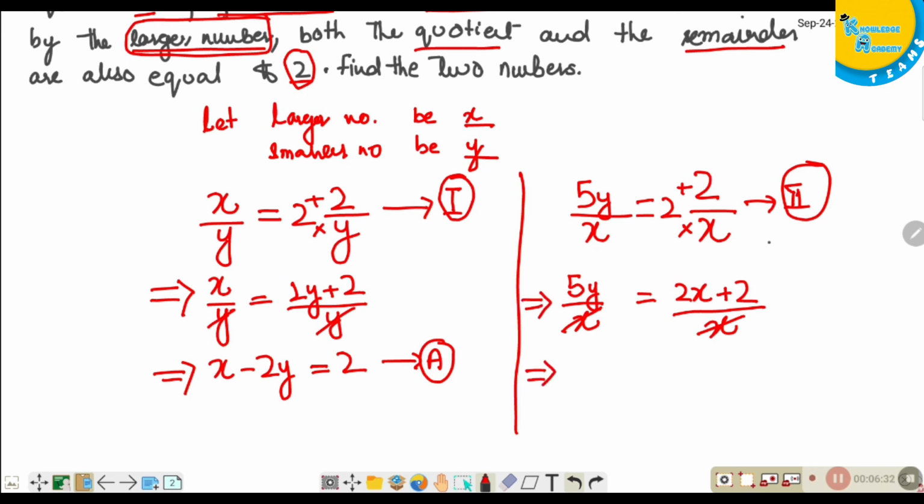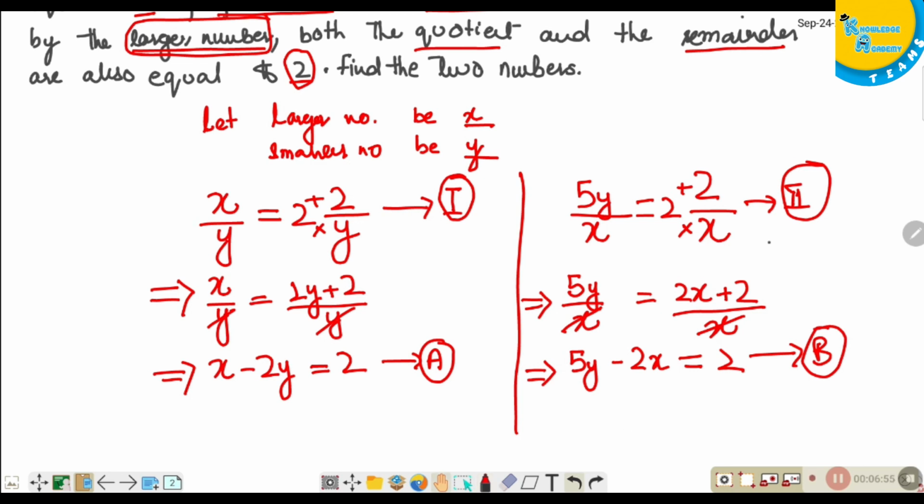The answer will be 5y minus 2x is equal to 2. And this is equation B.